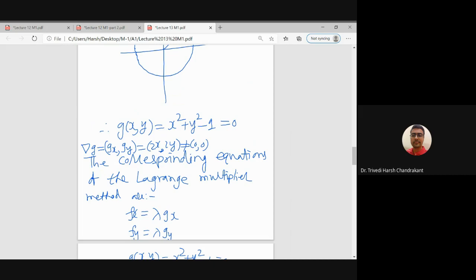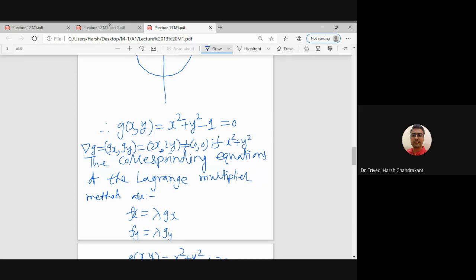So the gradient is non-zero for all points (x, y) such that g(x, y) equals 0. That means whenever we take x squared plus y squared equals 1, on the points on the unit circle, the gradient is always non-zero. Right? Because if the gradient is 0, our point (x, y) will become (0, 0), and the origin is not on the unit circle.